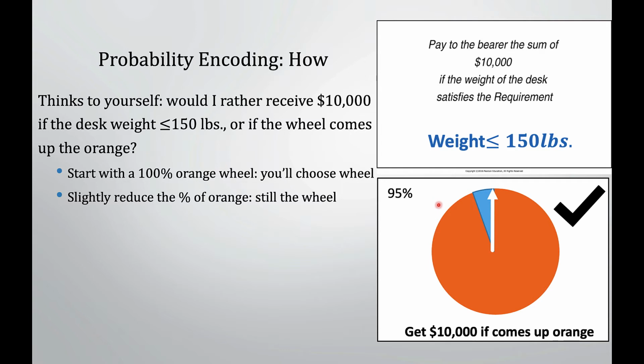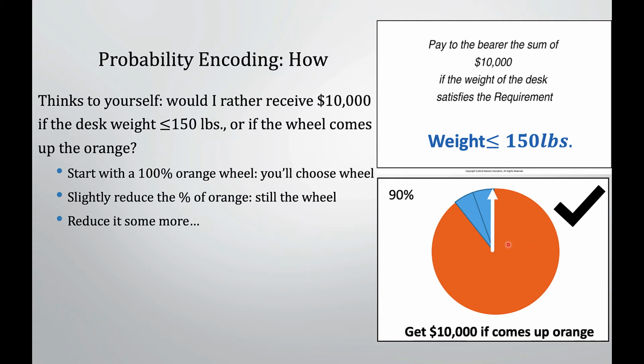Okay, what if we further reduce the orange area of the wheel? What will happen then? Suppose we reduce the orange area to only 90% of the whole wheel. Which one of these two would you choose?